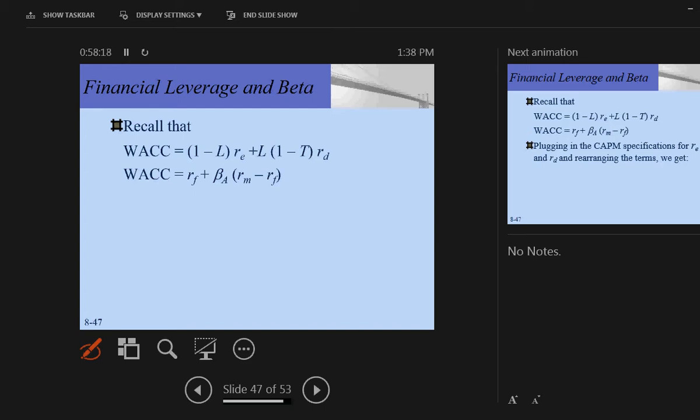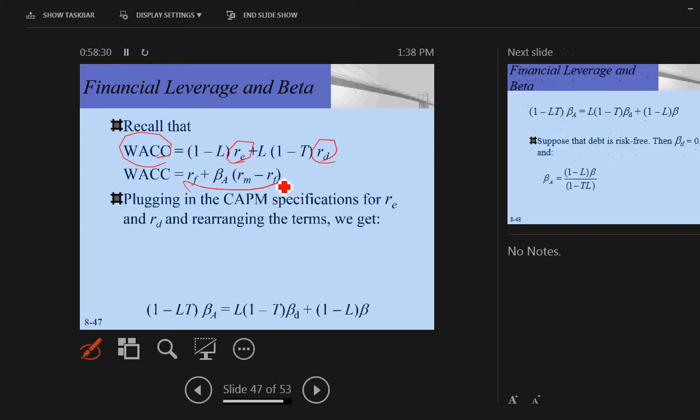With a little algebra, you would be able to show that this equation obtains. I would encourage you to actually do it. So this is how the beta on assets of the firm is related to the beta of debt, beta of equity, leverage, and tax. This is quite an interesting relationship.